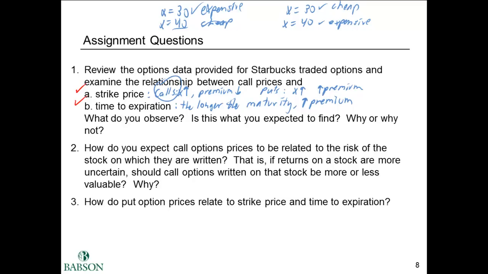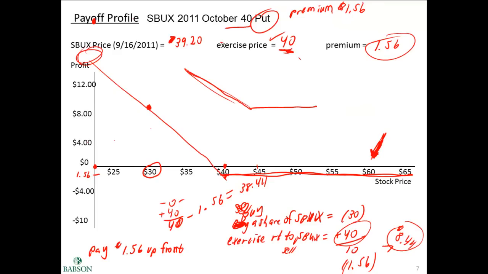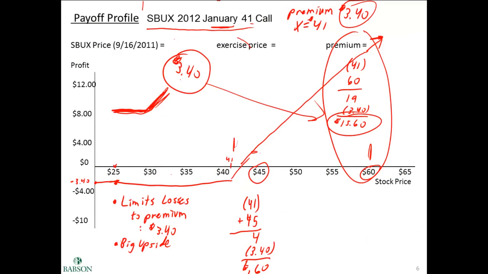So what this relates to really is the chance of the stock, or whatever it is, the underlying asset, to finish in the money. So if we go to the call option again, remember Starbucks is trading right now, at the time of this exercise, for $39.20. So it's right here.